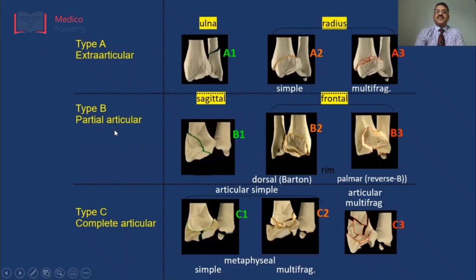Type B represents the partial articular shear fracture, the Barton fracture so to speak, and these can be subdivided into B1 involving the styloid, B2 involving the dorsal lip of the distal radius, and B3, the palmar, the reverse Barton fractures. And type C represents a complete articular fracture, which is subdivided into C1, C2, and C3, depending upon the level of comminution.